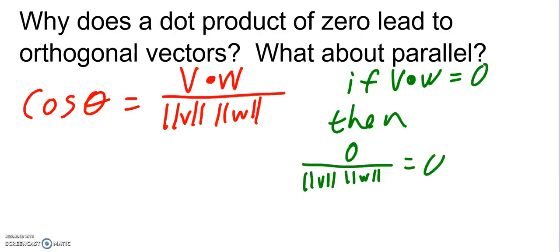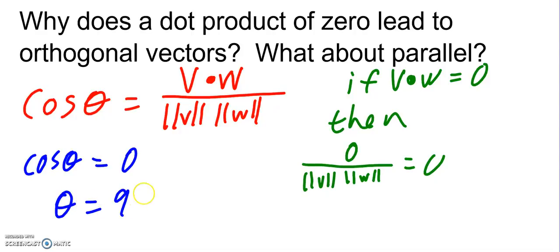So this is saying then that the cosine of theta equals 0. Well, where does cosine equal 0? Glad you asked. Glad the unit circle is still with us. So cosine is going to equal 0 at 90 degrees or 270 degrees, both of which are perpendicular angles.